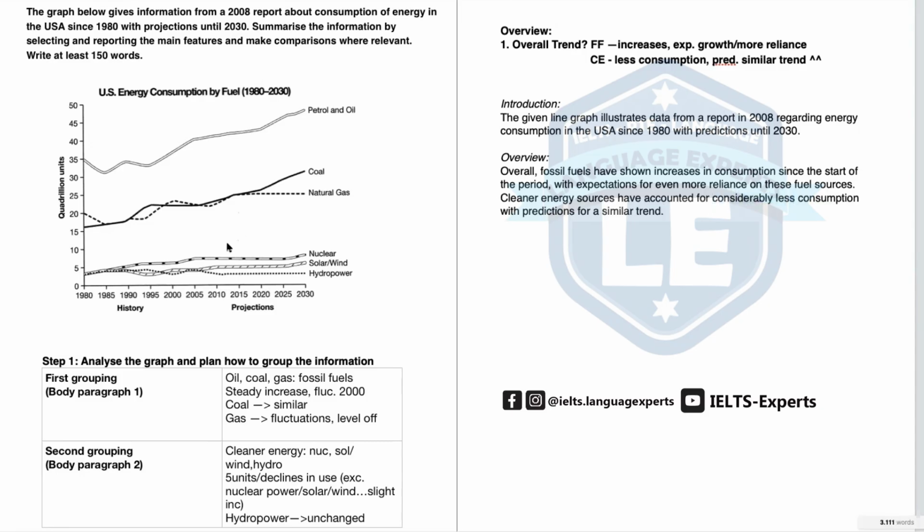And it does have less consumption based on our graph. However, the predictions are similar for its growth trend. You see how they are still looking to increase, just as our fossil fuels. Don't worry, also, I'm going to talk about all of these great phrases like considerably less and overall at the end of this when we're going to analyze our finished product.